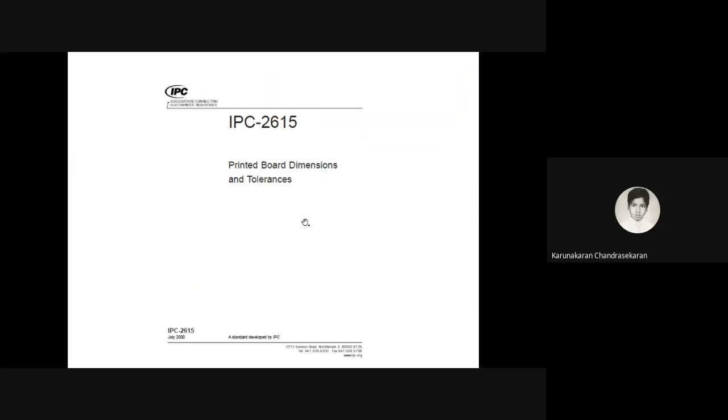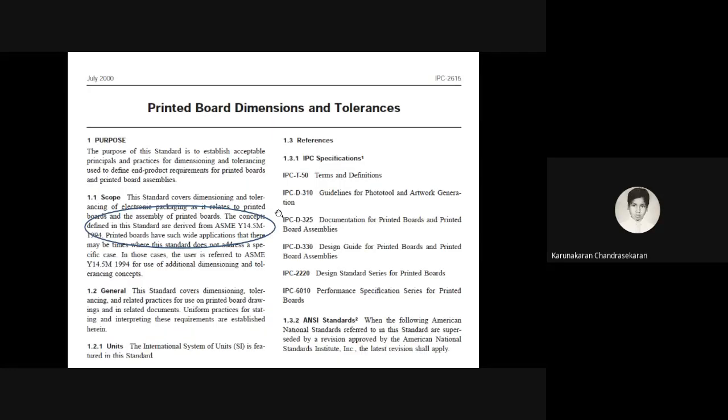Now let us come to our topic, IPC 2615, printed board dimensions and tolerances. What is the objective of the standard? The objective of the standard is to establish accepted principles and practices for dimensioning and tolerancing for end product requirements, especially for PCBs and PCB board assemblies.